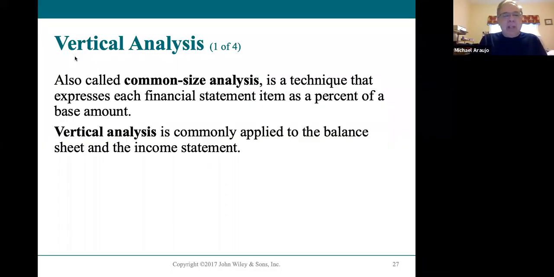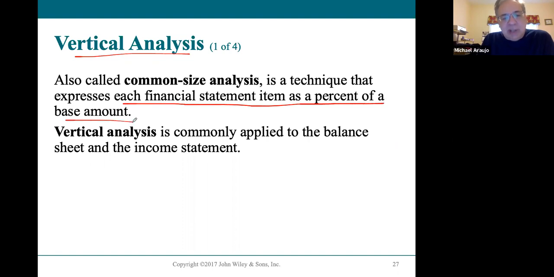Okay, so vertical analysis here basically is a technique that expresses each item on the financial statement as a percentage of the base amount. And so that's basically what we're going to be doing with the balance sheet and the income statement.